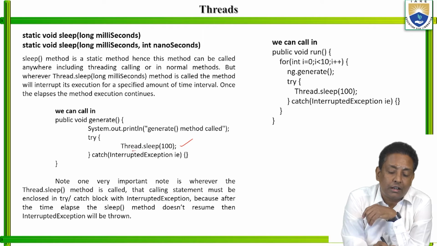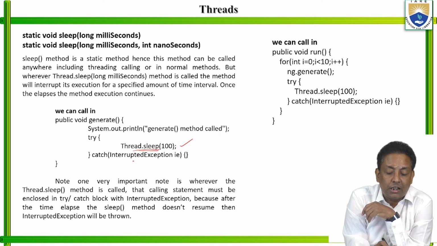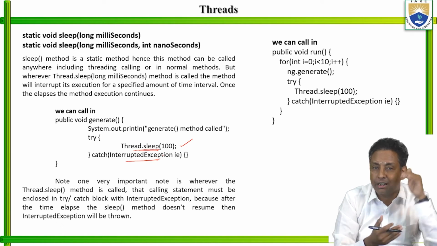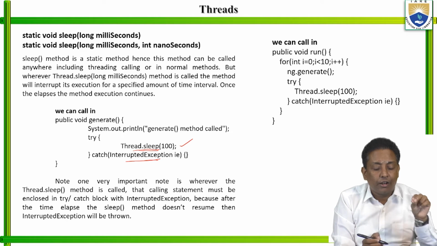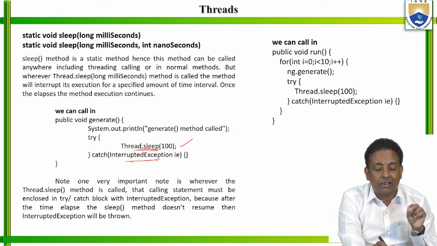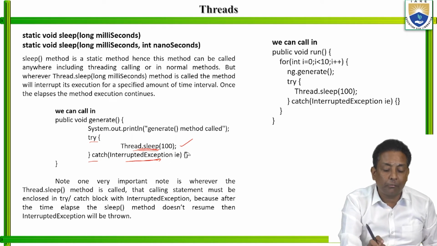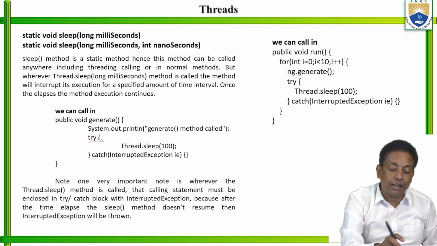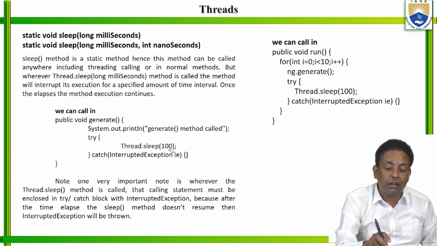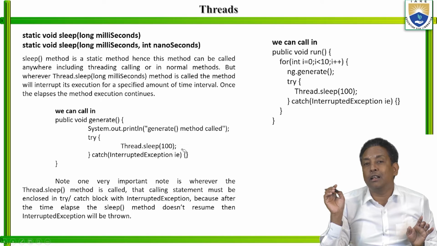Wherever you use the thread.sleep method, it reports an InterruptedException, which is a checked exception. Checked exceptions are already discussed. If any method reports a checked exception, it should be handled with a try catch block: catch InterruptedException e. So this is the first place where you are recommended to use the thread.sleep method.